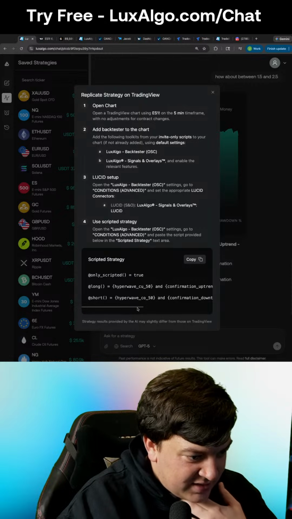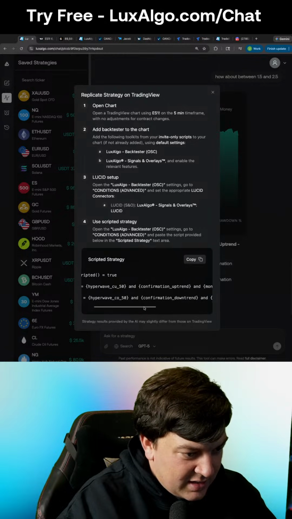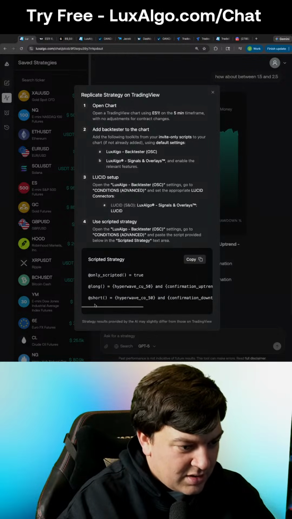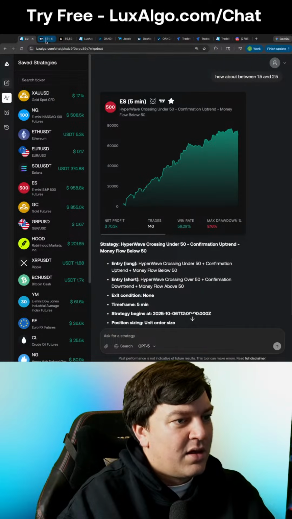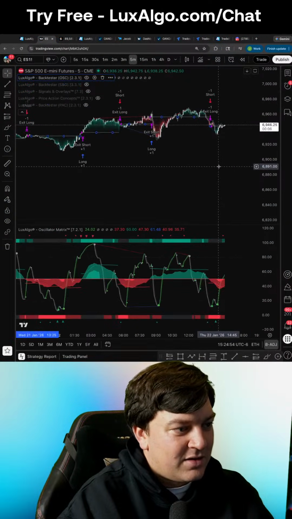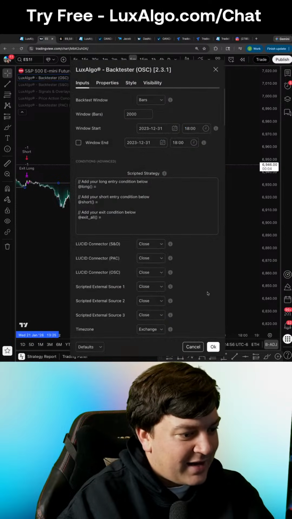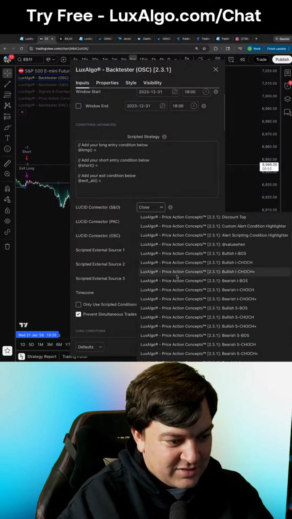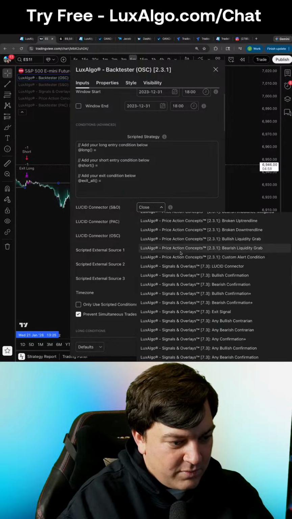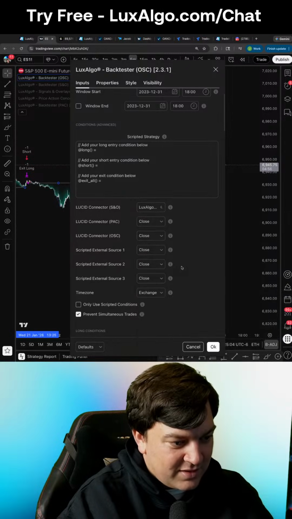It uses the confirmation down, uptrend and downtrend, money flow. That's it. So it just uses uptrend, downtrend. Okay. From here, I'm going to go back to this. I'm going to connect to the oscillator backtester. It said to connect the signals and overlays, so I'm going to connect that for the signals and overlays, Lucid connector here.